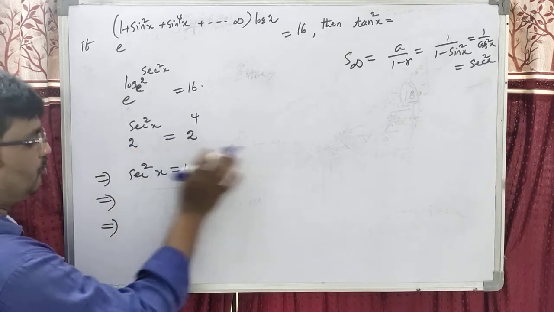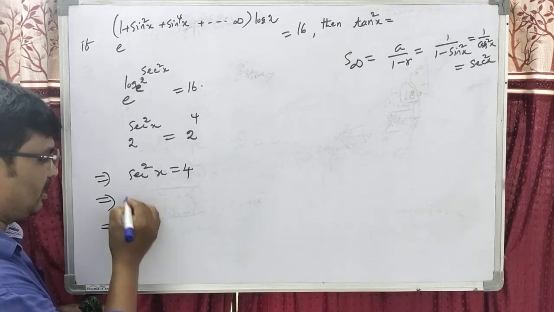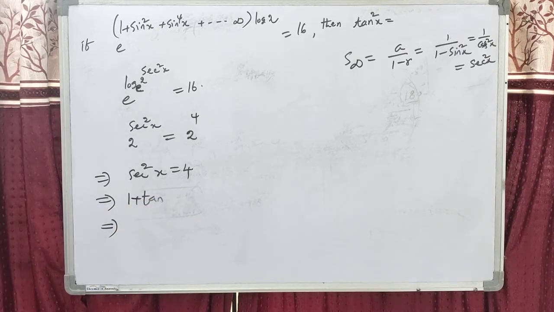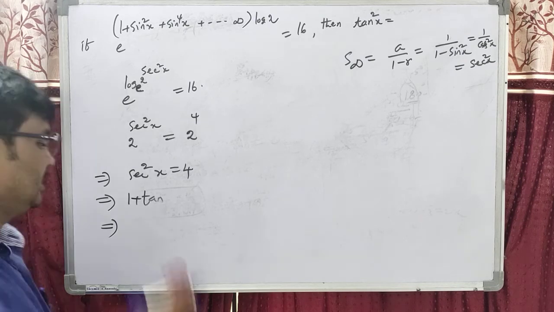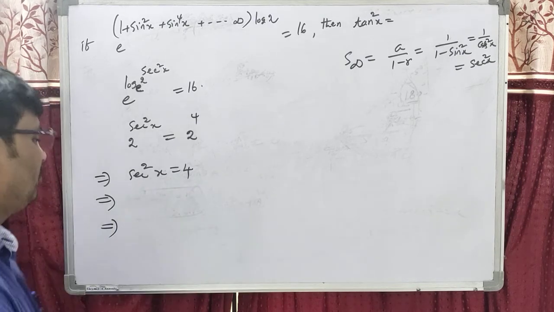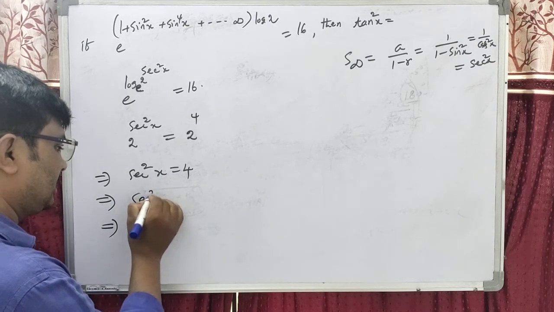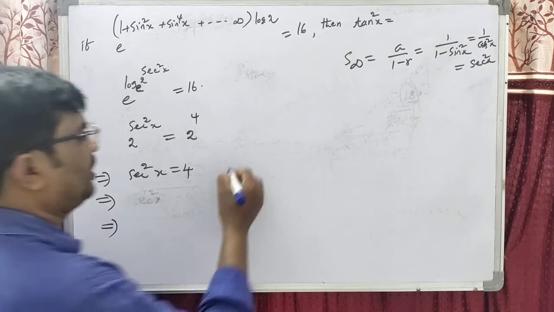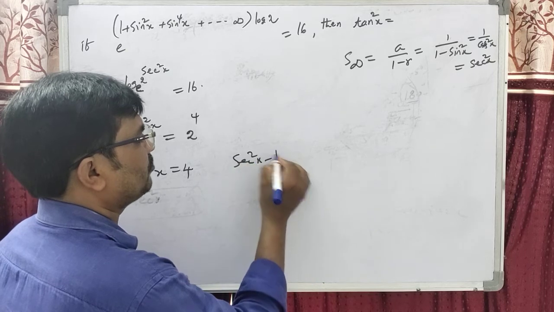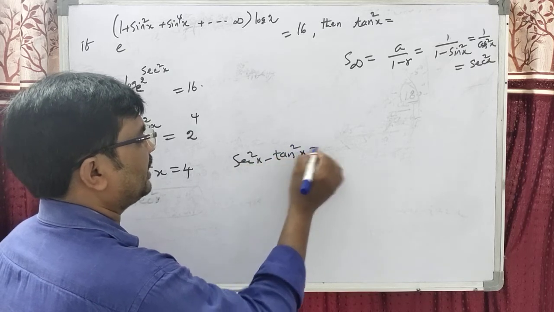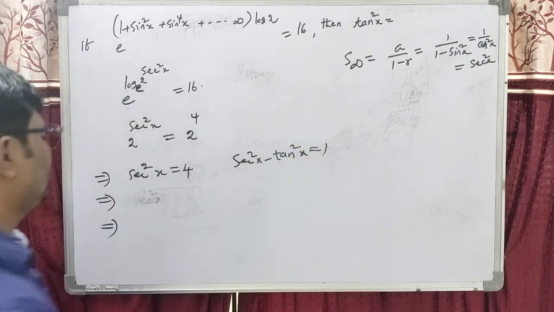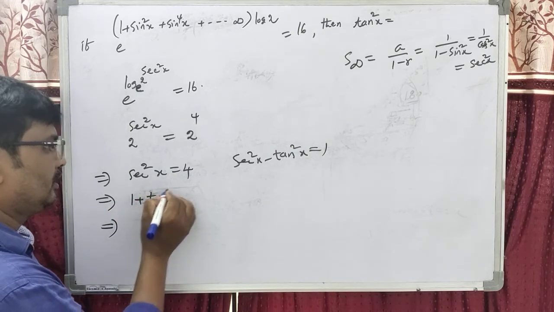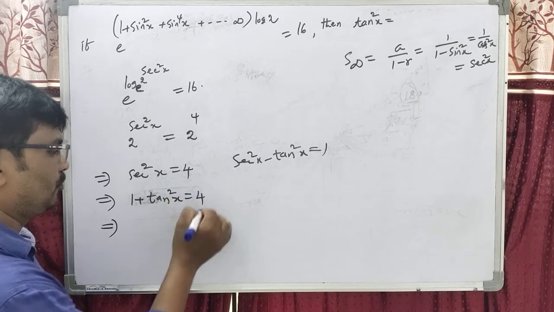Okay, students, we have to know that secant square x is 1 plus tan square of x. Everybody knows that secant square theta minus tan square theta is 1. Therefore, secant square x minus tan square x equals 1. Sending the term to the other side, we can write 1 plus tan square of x equal to 4.